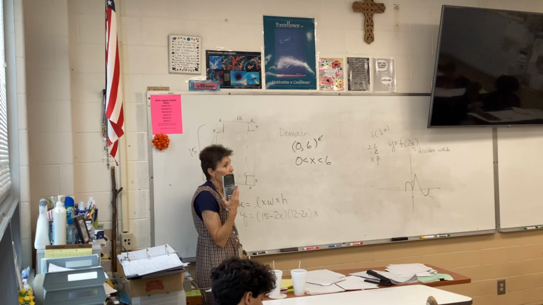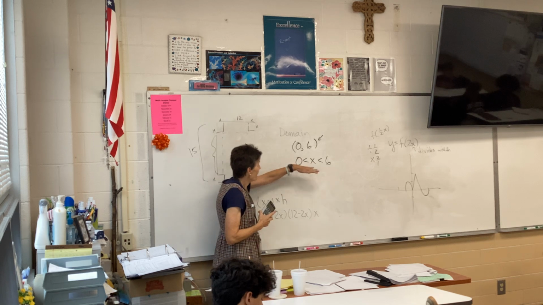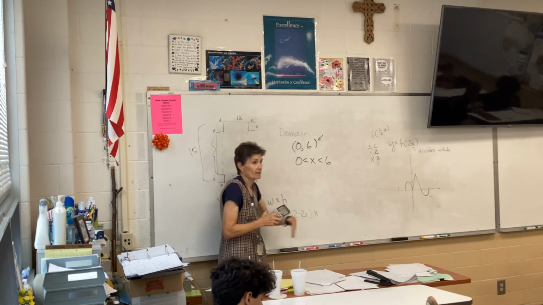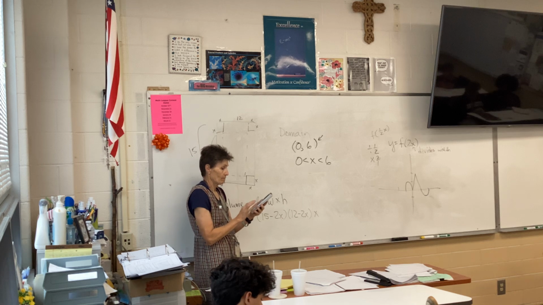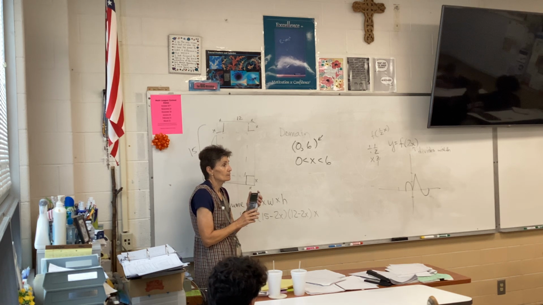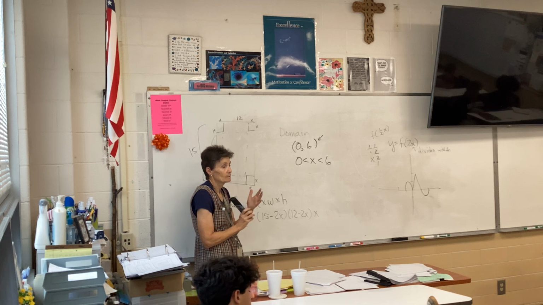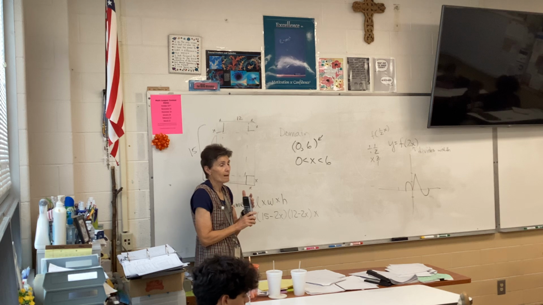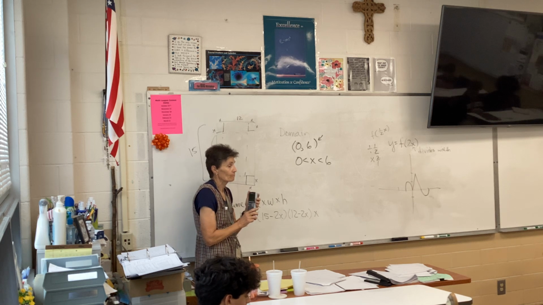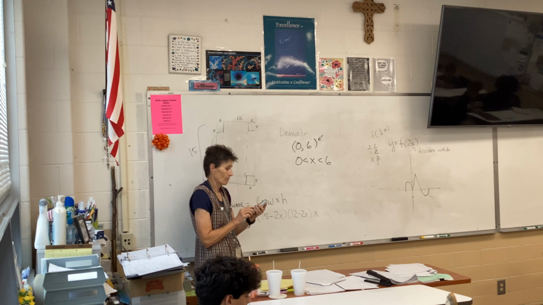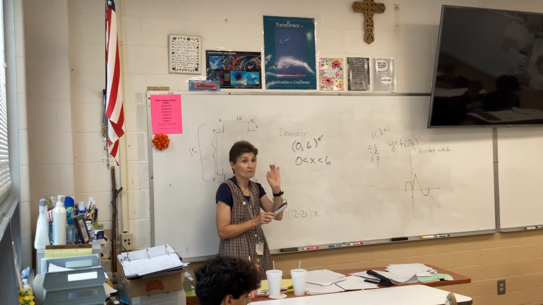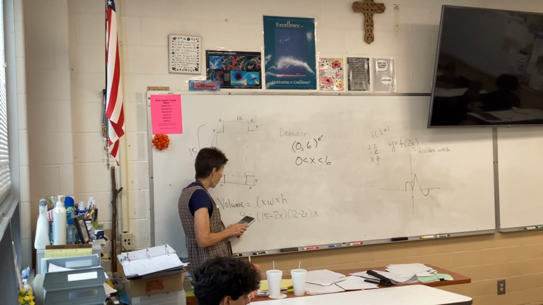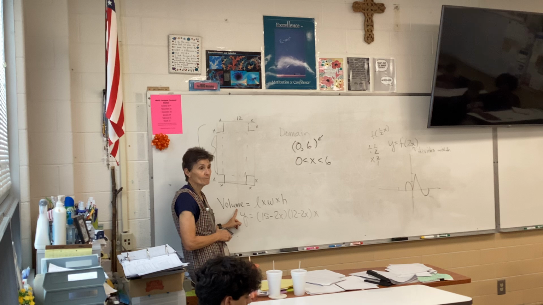Go to window, X min, X max. Now, what are you going to put in for Y min and Y max? Y min is going to be 0, because Y represents the volume.